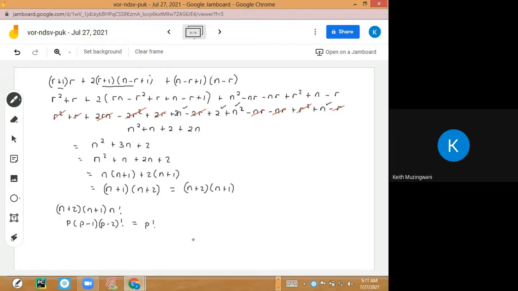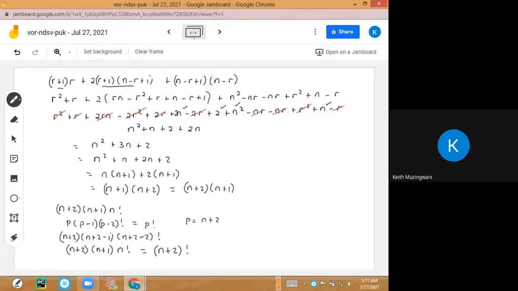So if p is equal to n plus 2, here we have n plus 2, then n plus 2 minus 1, then n plus 2 minus 2 factorial. This will be n plus 2. N plus 2 minus 1 is just n plus 1. N plus 2 minus 2 is just n factorial, telling us that this is just p factorial, which is just n plus 2 factorial.